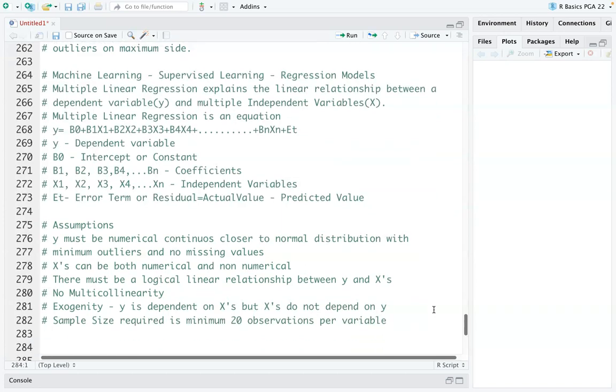Anything I forgot? Then residuals must be homoscedastic.